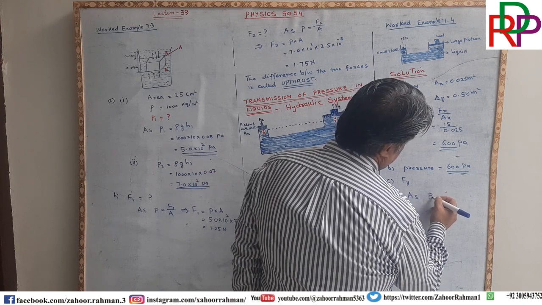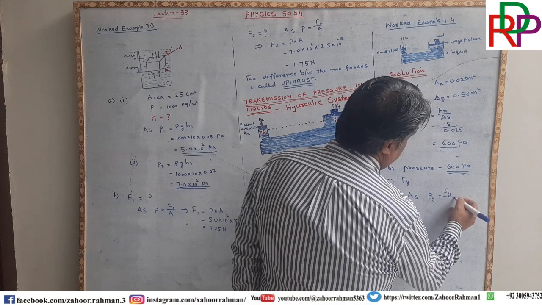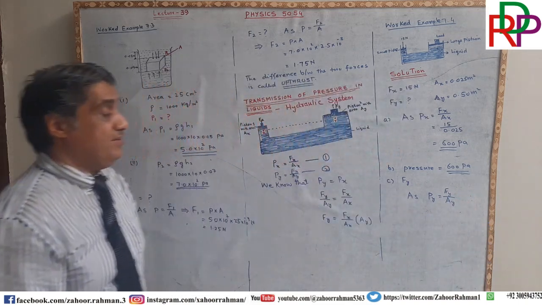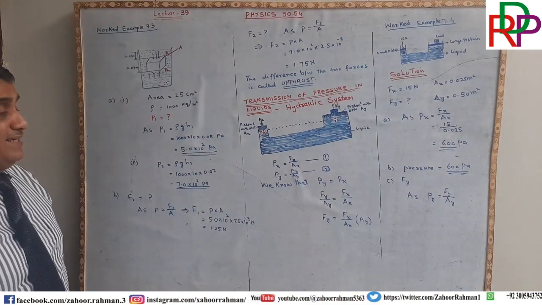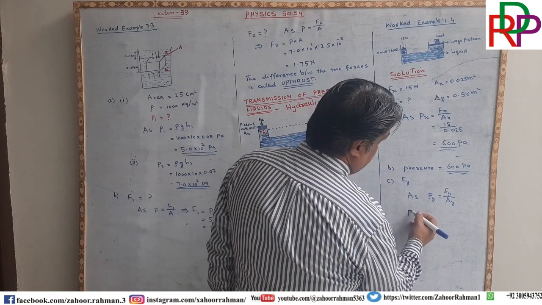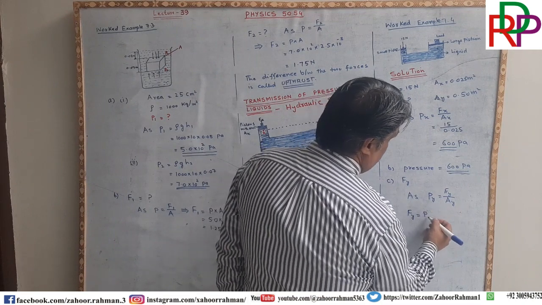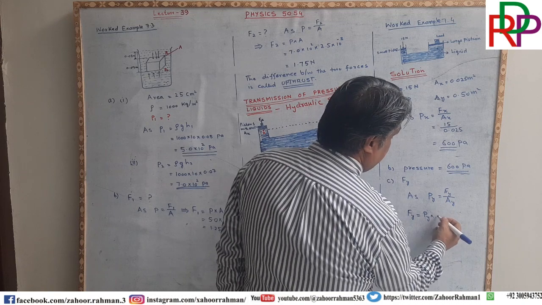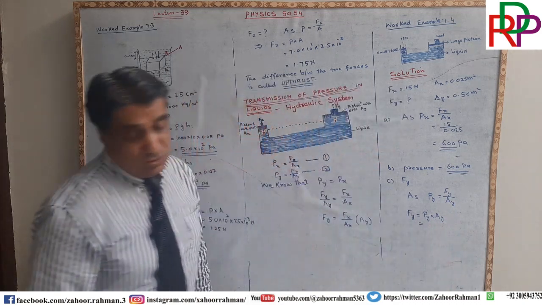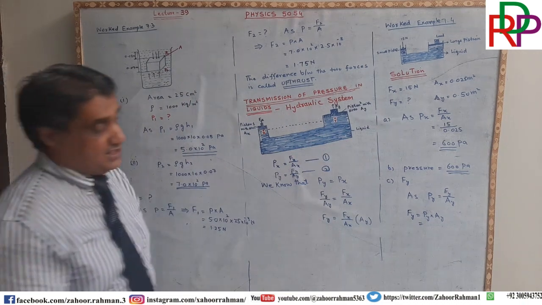Pressure at Y will be equal to force at Y divided by the area of the Y piston. Because we are finding F of Y, we will write P of Y times A of Y. P of Y is equal to 600.